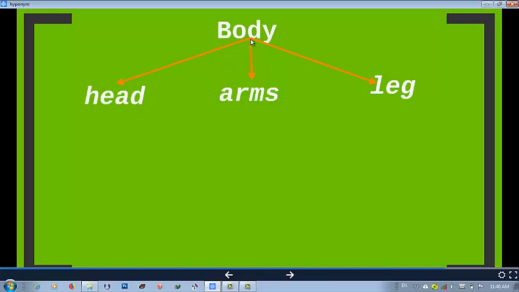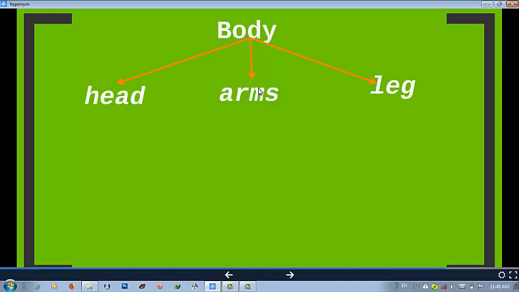Actually, we have many parts, but I give you only three parts of the human body, like arms, head, and legs. Alright? Okay? So we can say that head, arm, and leg are the meronym of the body.